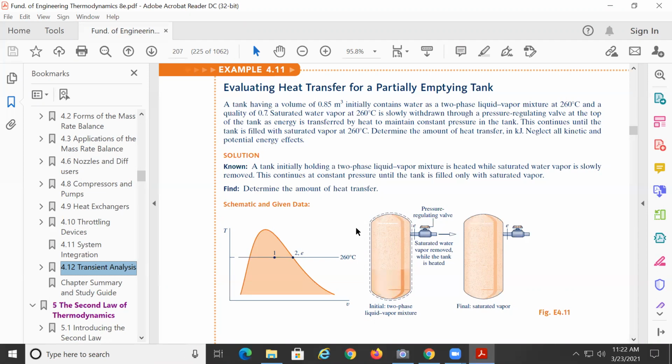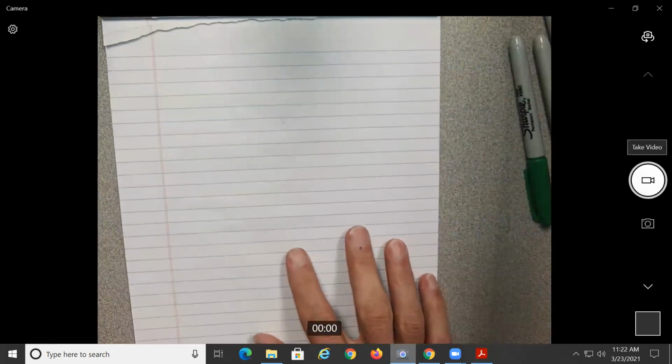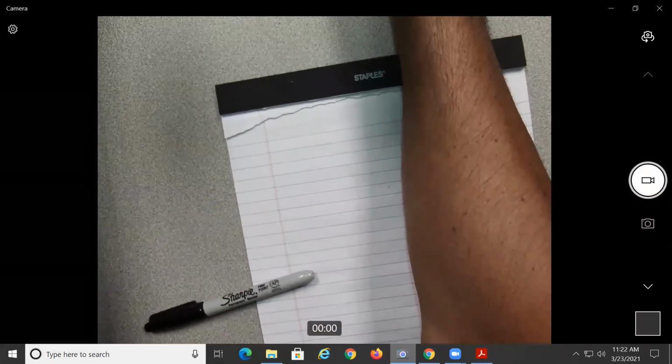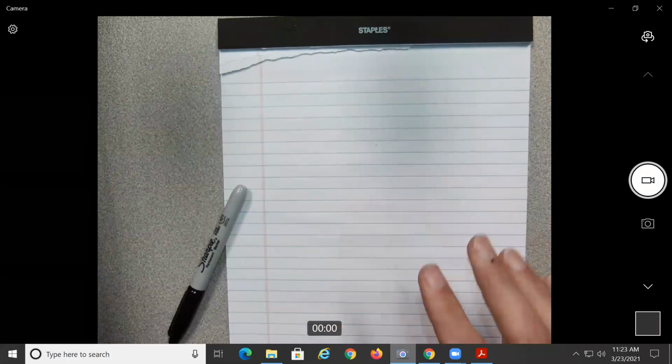So let's see, 87, even though we have 4 pages in between. I have 3 blocks because I have 2 pages on this one. All right, there we go.